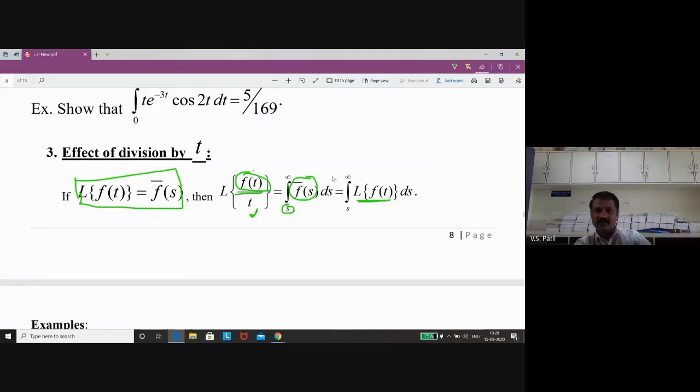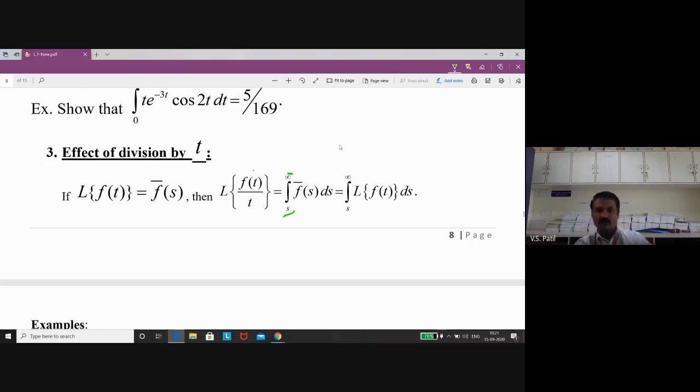So what is the meaning here? Whenever you want to find the Laplace transform of some function, if it is divided by t, you have to integrate between the limits s to infinity.